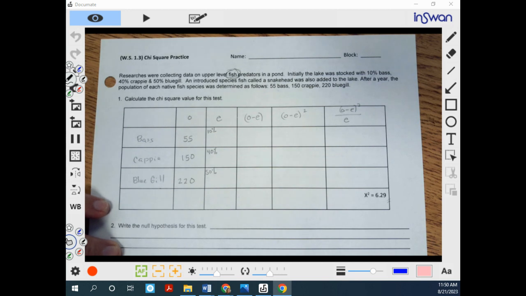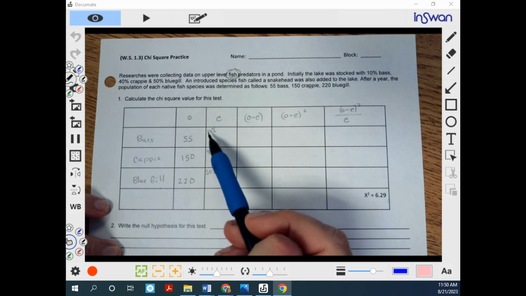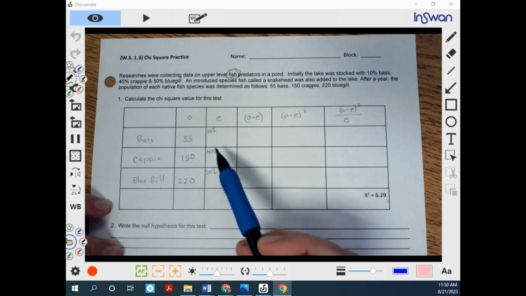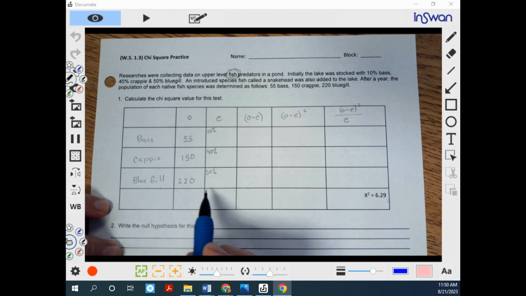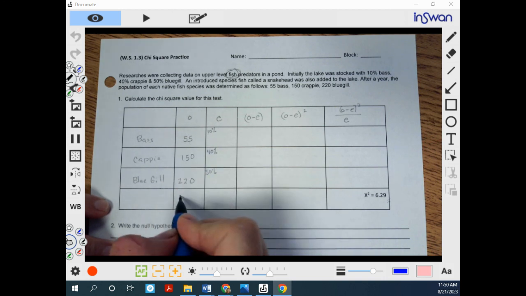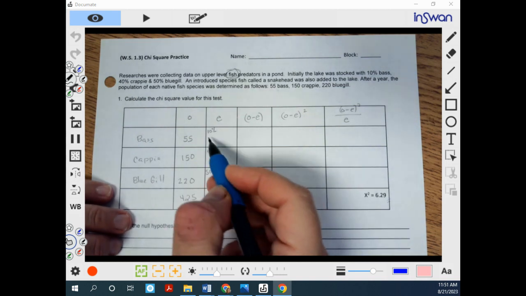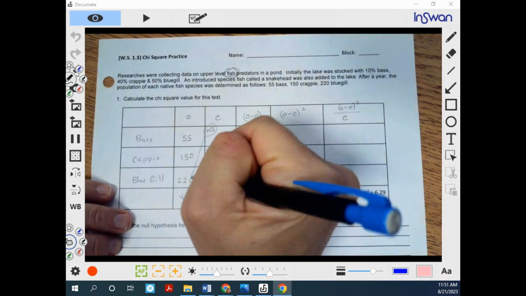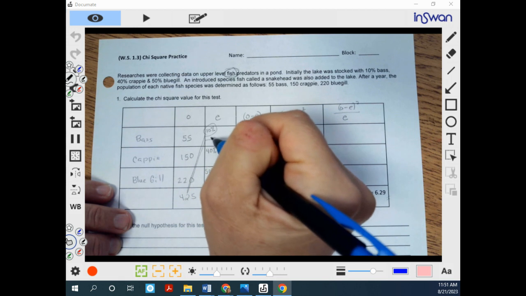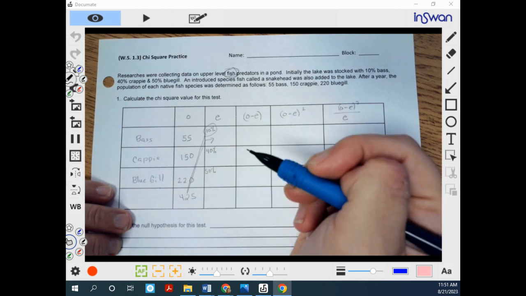Now, this is where students mess up quite a bit. They like to take 10% of 55 or 40% of 150, but that's not what you do. You need your total number of fish. So if you add this up, in that lake, there were 425 fish, okay? That was after a year because we caught them. So we do 10% of this total of 425, and that's the number you're going to put here.